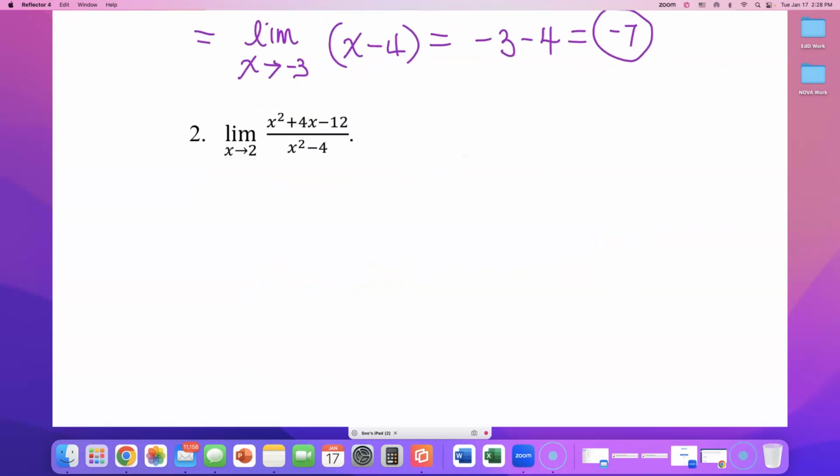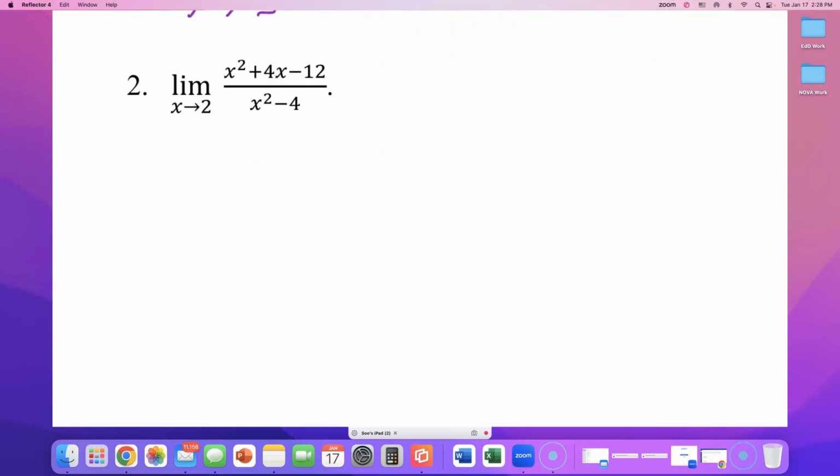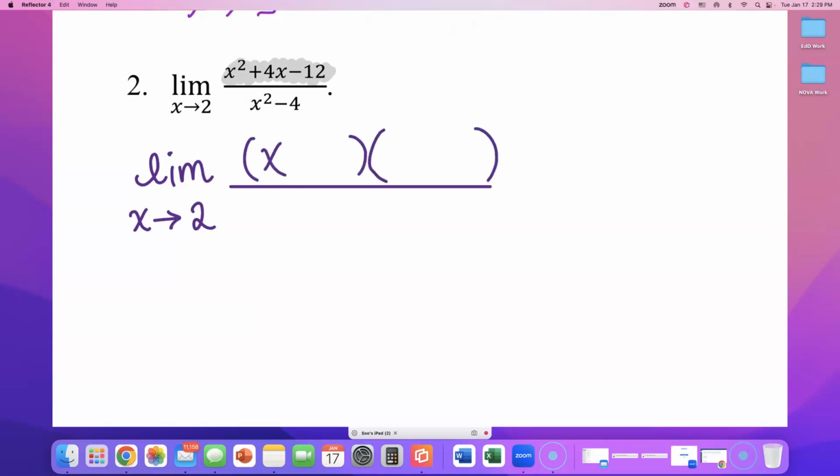Let's try another example here. Okay, I know what will happen if I plug in 2. The bottom will turn into 0, the top will turn into 0. So I'm going to simplify by factoring first. Okay, what's the numerator? Let's take a look. The numerator is x squared plus 4x minus 12. I can factor this into x and x.